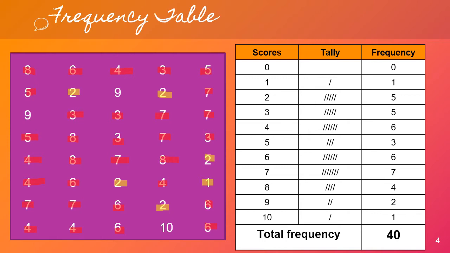So we have a frequency of 4. And in 9, we have 1 and 2, so 2. Then 10, we have 1. Again, in the frequency table, you need to show the scores, the tally, and the frequency. The total frequency is 40 since we have 40 students.